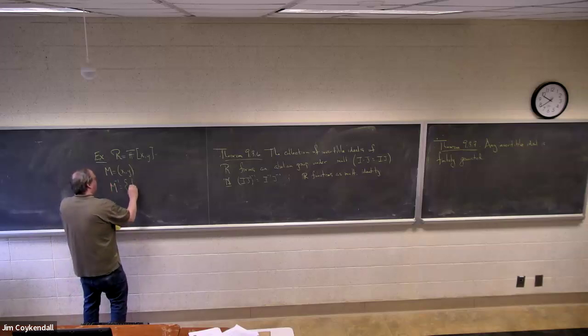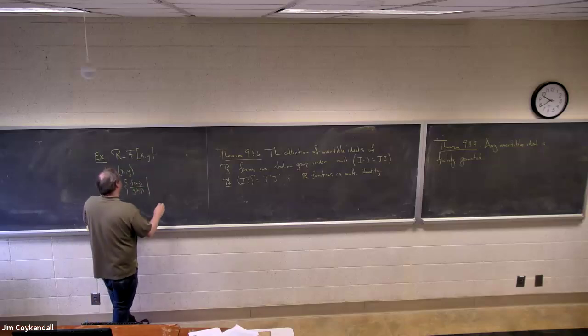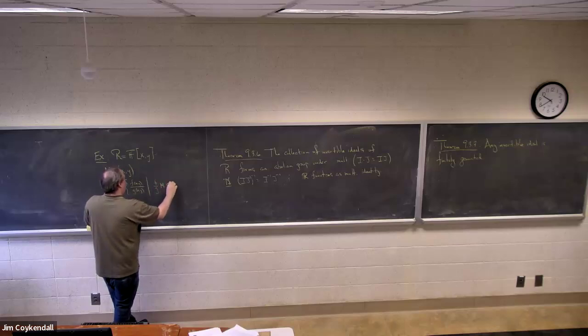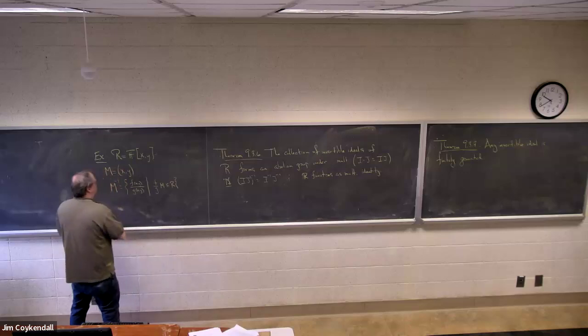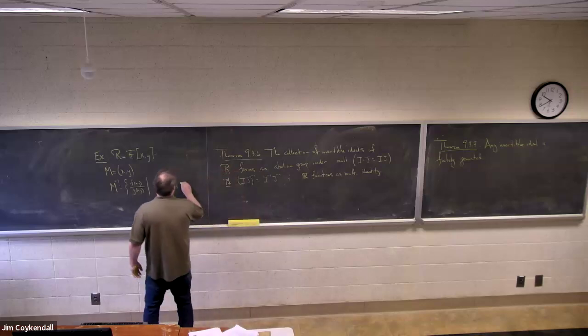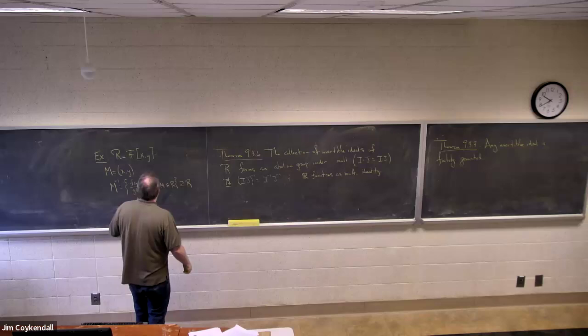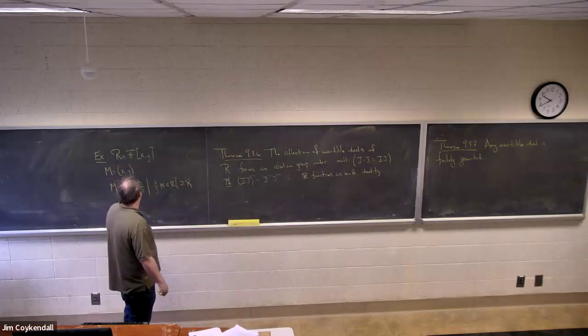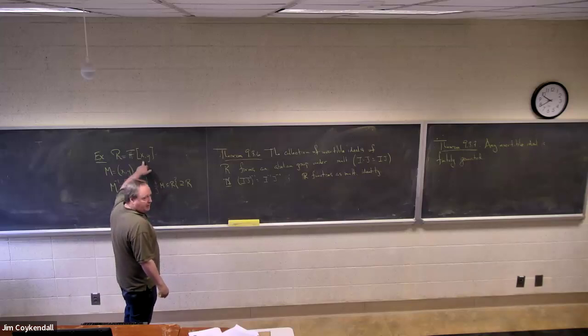You've got f of x, y over g of x, y, such that f over g times M is contained in R. Now, certainly everything in R itself, every polynomial in two variables, satisfies it, because it's already in R, right?